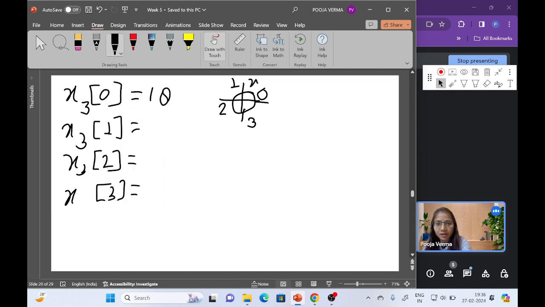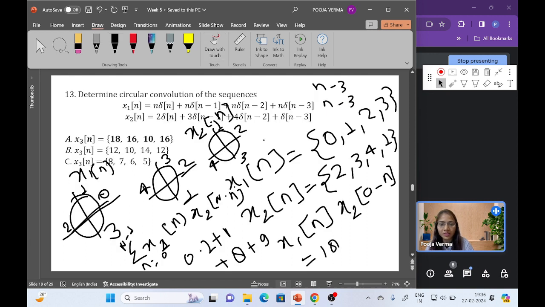This one is x1 of n, and already we have calculated x2 of 1 minus n. Okay, so we just need to shift one point for x2 of n. So what will be the sequence? It will be 3, 2, 1 and 4. Move to the previous slide.